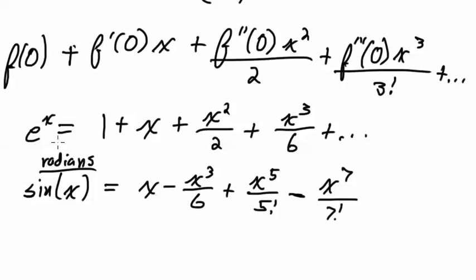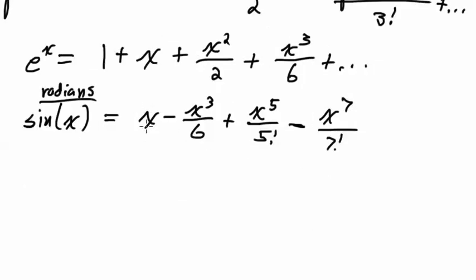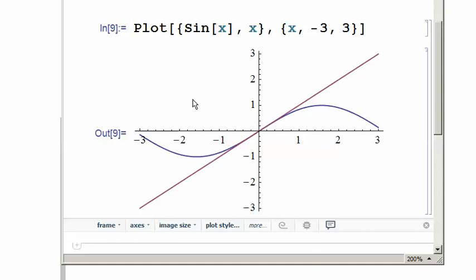It actually has the same pattern as e to the x, taking every other term and swapping the minus signs each time. This time I would call the first one the first order, then the third order, then the fifth order, then the seventh order Maclaurin series expansion. So here is a plot of sine and its first order Maclaurin series approximation, which is x, this straight line here.